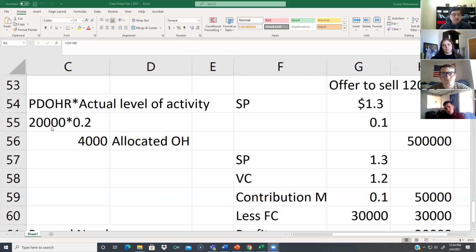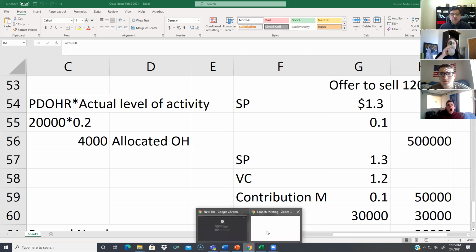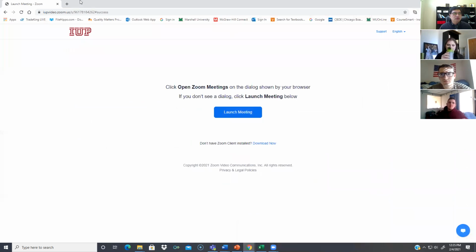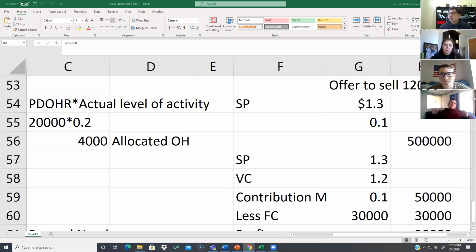In that, it was as simple as the 20,000 bread and bowl, 20 cents is the overhead rate, and so on. Gives you $4,000 of the allocated overhead. So I'm going to do one or two more examples of overhead allocation first, and then I will move further. I just want to make sure that there are no questions which you have, so that I can move further without any problems.